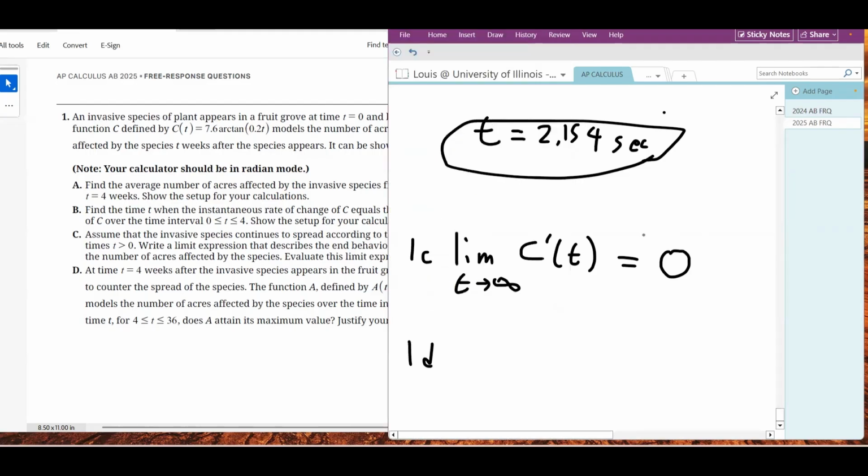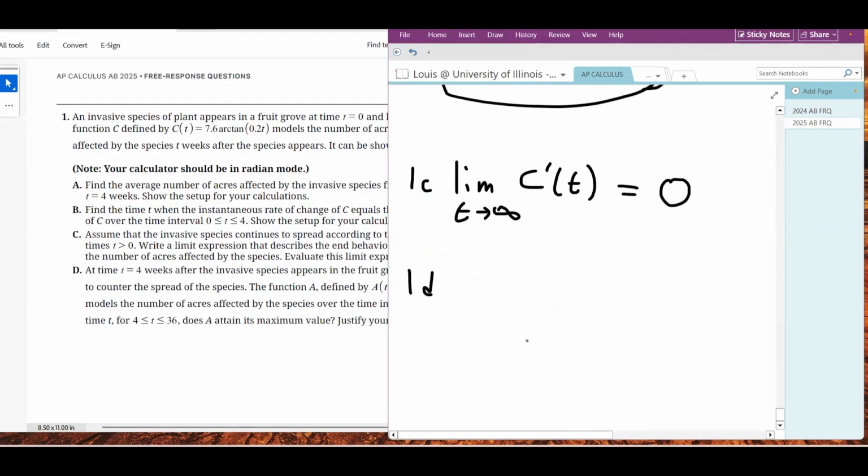We're looking for the maximum here, right? So I would first write dA/dt is equal to zero, and we need to find the value of t where dA/dt is equal to zero. I'm going to take the derivative of a with respect to t.